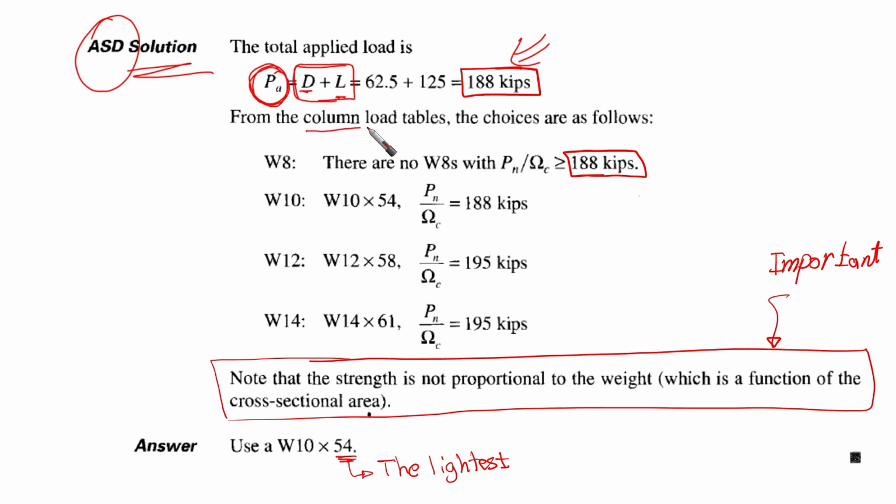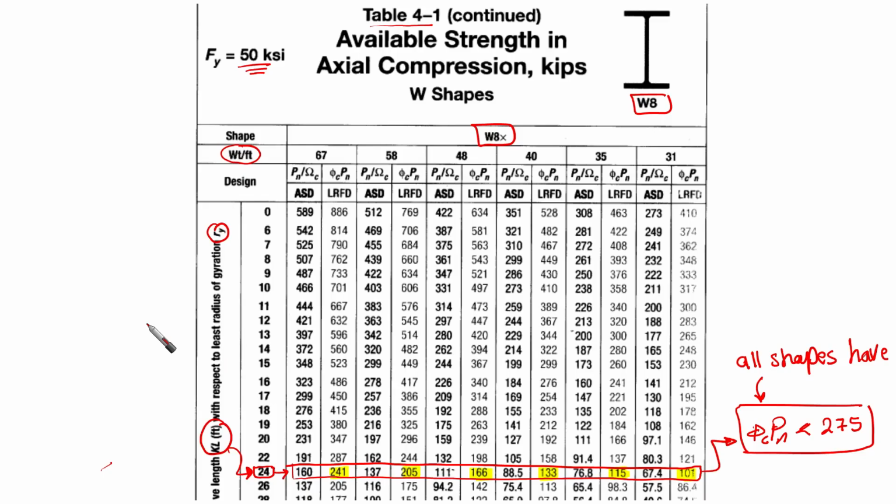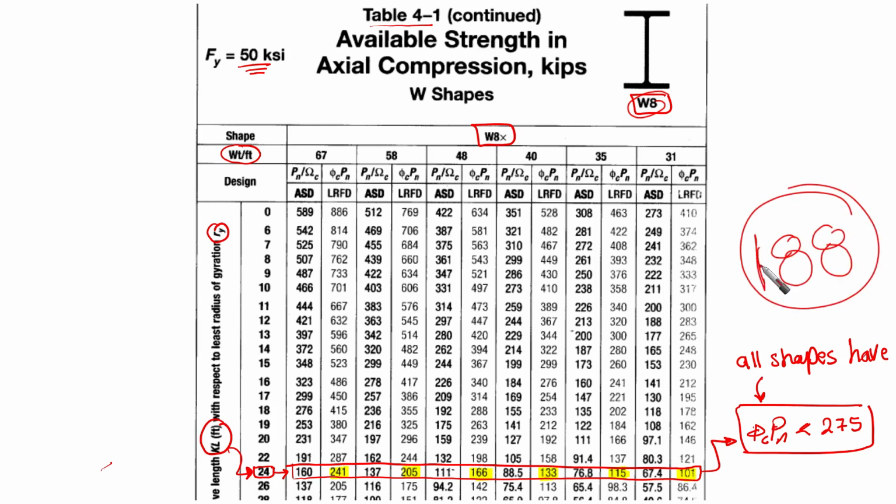From the column load tables still, the choices are as follows. Let's go through what we have done before. So W8, let's go now to W8 again. We have done it before. Remember that our limit is 188, the applied strength, 188 kips.